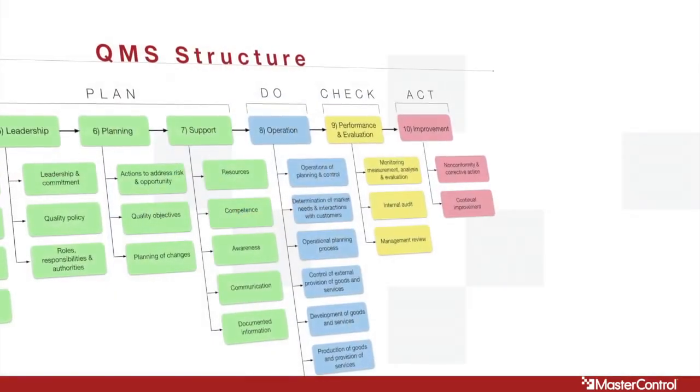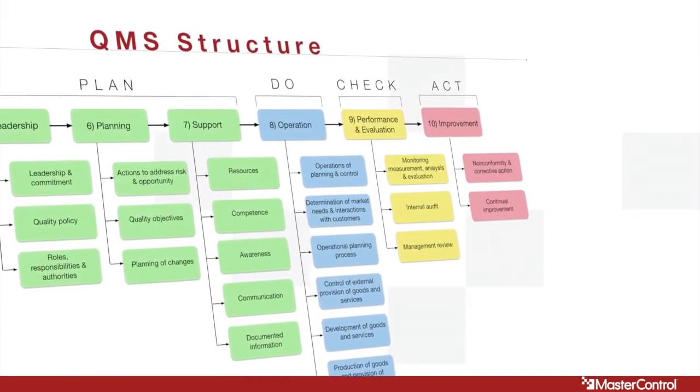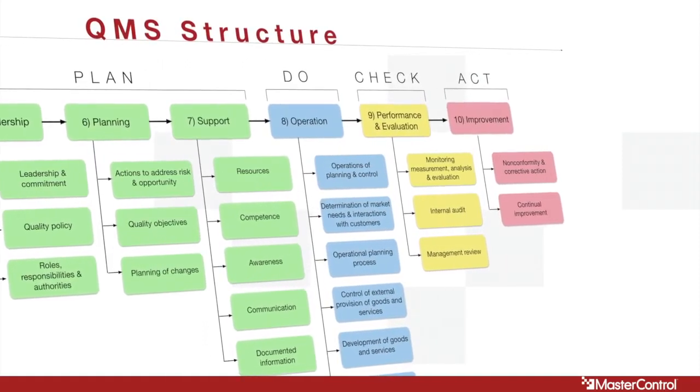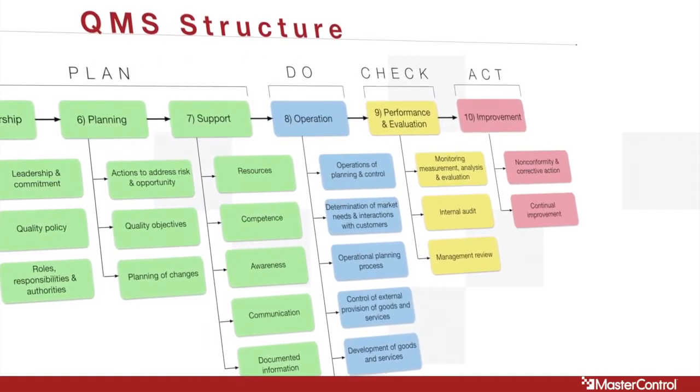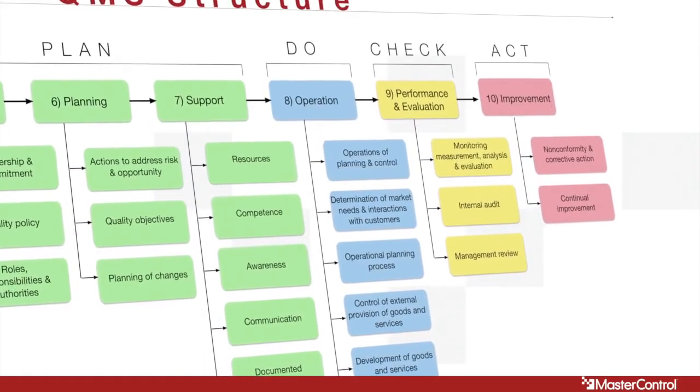So if you look at these new sections, the do of the plan, do, check, act cycle is squarely into the operational aspects of your organization. Within that, there are some significant new sections, and we have additional information on these later in this presentation, but I'll quickly go through them.